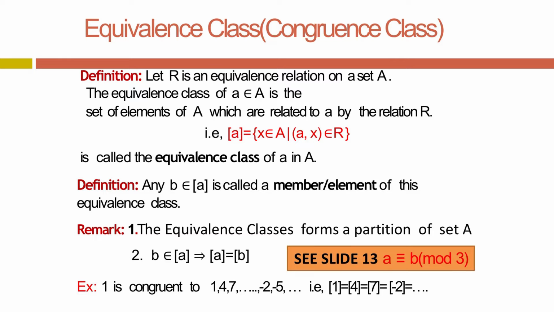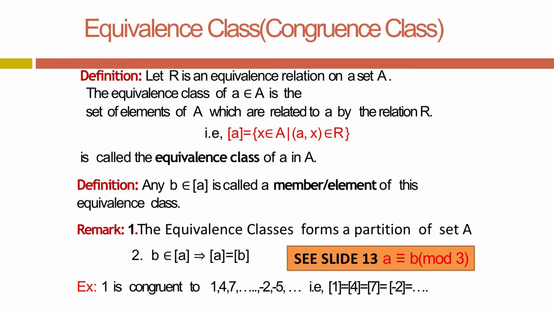This collection of sets Ai is a partition if each Ai is non-empty, the intersection of any 2 Ai is phi, that is, they are disjoint, and the union of Ai is equal to the whole set A or S, whatever you can take.